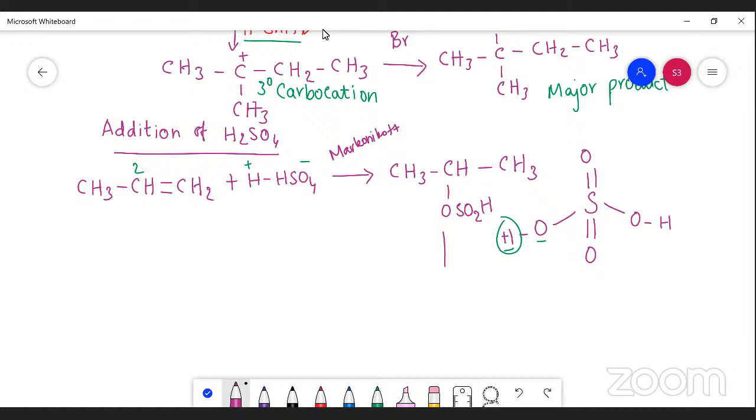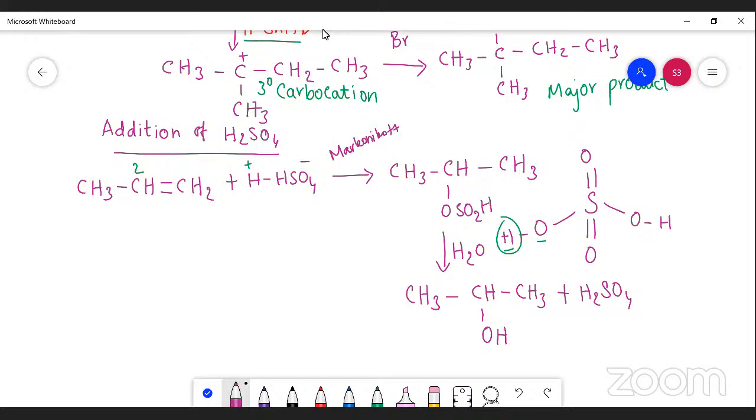Now this, on hydrolysis, we are getting the product: CH3-CH(OH)-CH3, with H2SO4, because H2SO4 is a catalyst and it is utilized for the hydrolysis reaction.